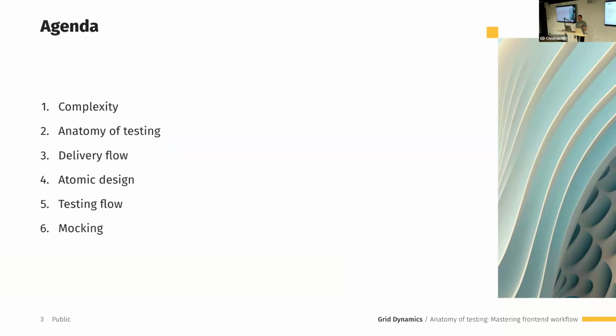We'll discuss workflows and testing approaches within our delivery and deployment pipelines. And we'll take a peek at some design principles that shape our testing approach. We'll also review some toolkit that can enhance our test automation strategy. And last but not least, we'll look into the concept of mocking and highlight its role in creating simulated development environments.